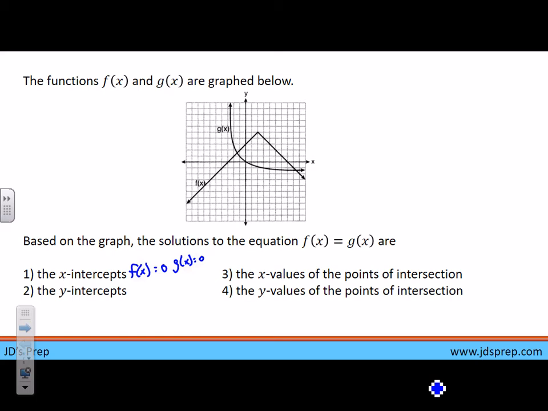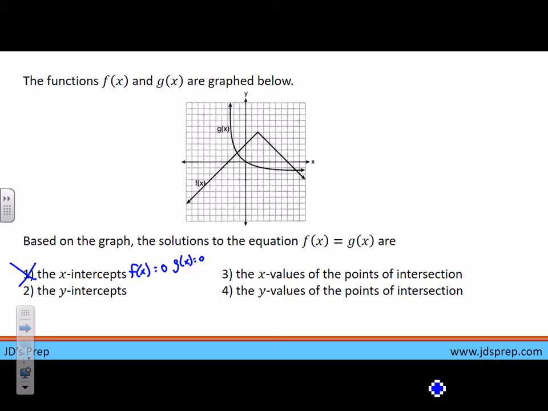Those don't necessarily have anything to do with the equation f of x equals g of x. They can occur at very different points x, since they're two separate equations. So our x-intercepts are not going to be where the solutions to the equation f of x equals g of x are occurring.